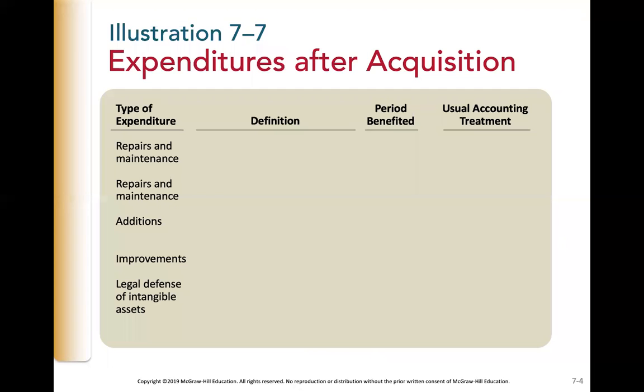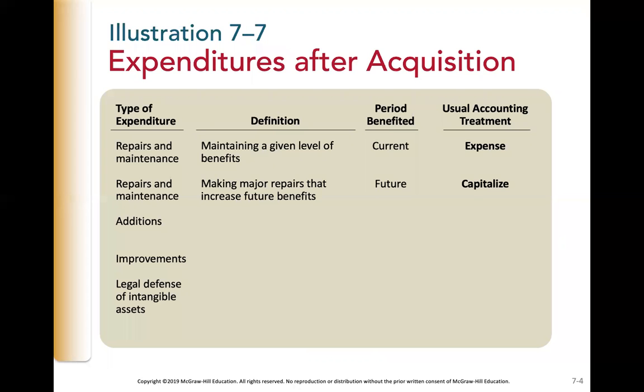Repairs and maintenance. The cost of an engine tune-up, an oil change, minor engine repair, things like that are things to continue productivity in the current period. We would expense these things to repairs and maintenance because they maintain a given level of benefits.